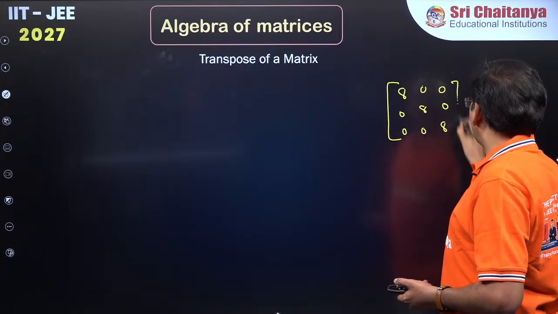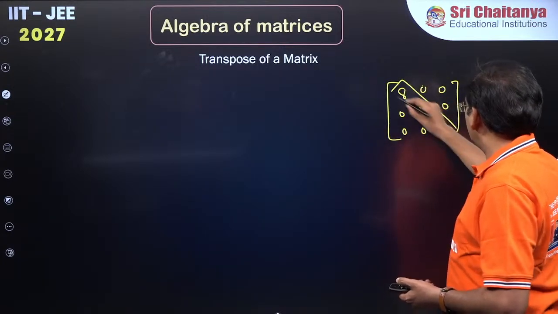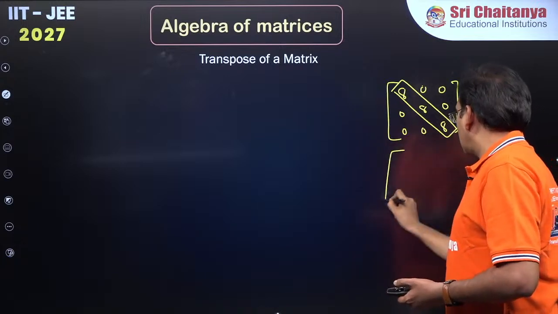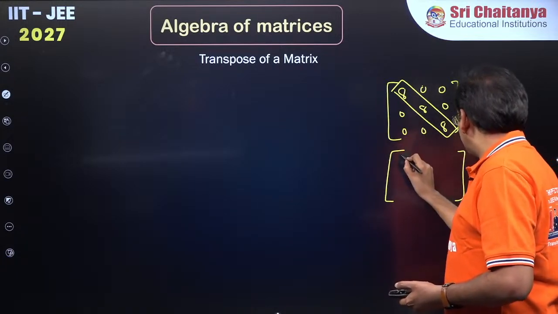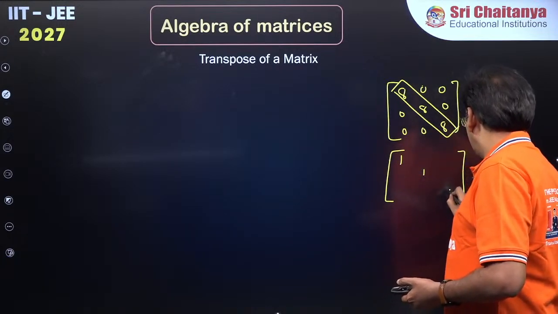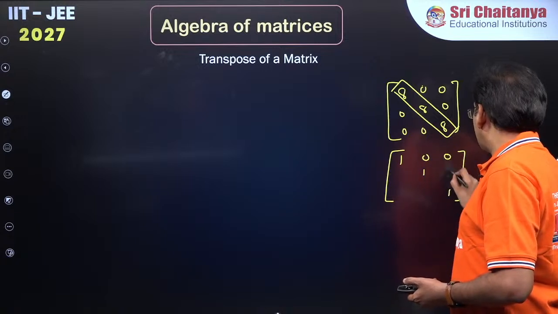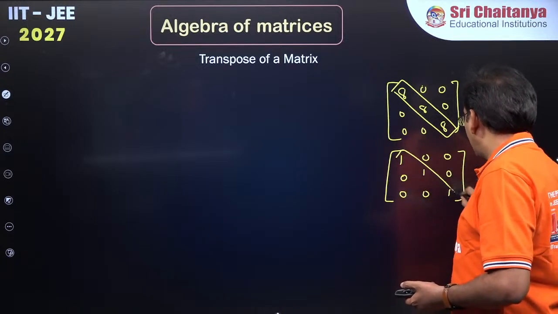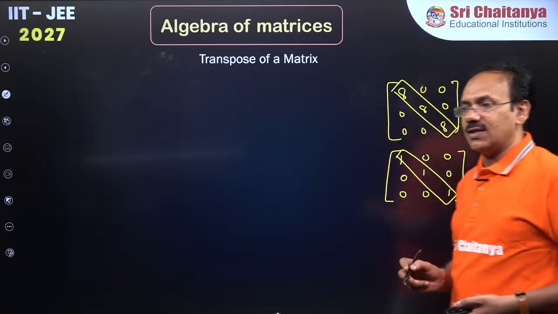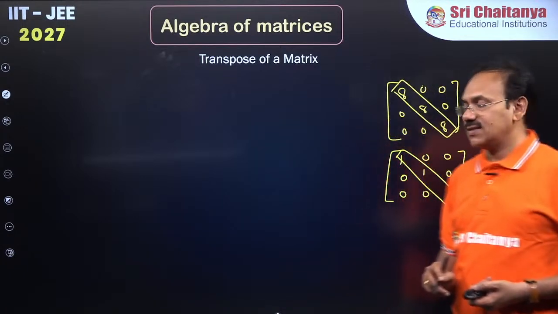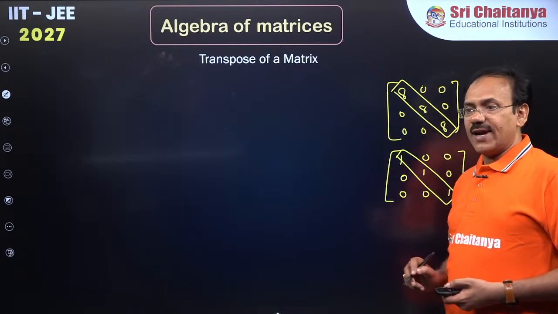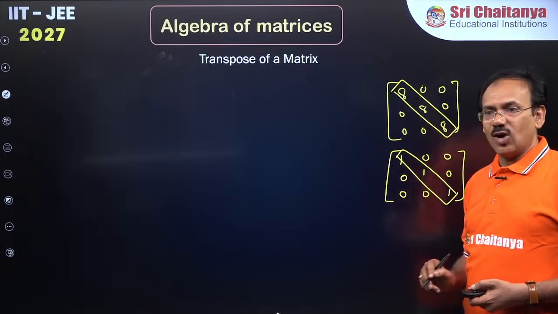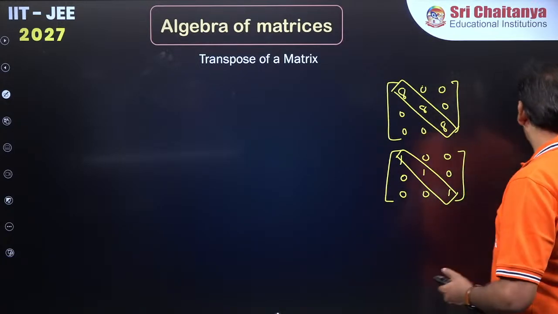Even the identity matrix is also a scalar matrix, but if the principal diagonal entries are 1 and the remaining entries are 0, we call it the unit matrix. Fine, got it? Clear? Chalo.